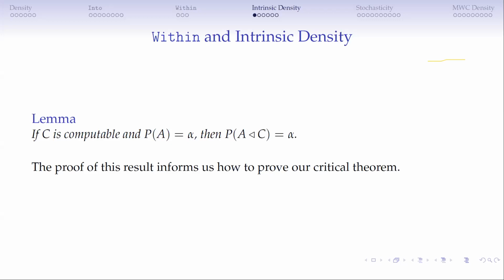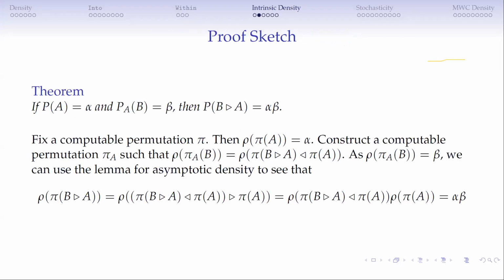But this motivates how we're going to prove our central theorem, which is what we're ready to do now. So just a reminder of what that theorem said. If A has intrinsic density alpha and B has intrinsic density beta relative to A, then B into A has intrinsic density alpha beta. And the proof goes as follows.